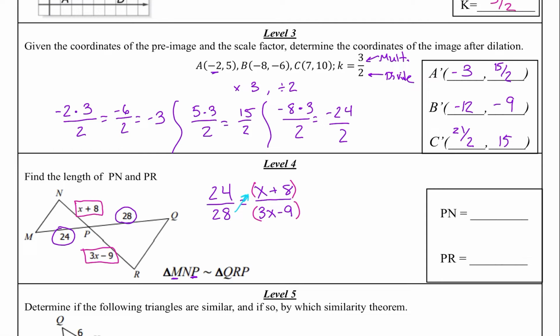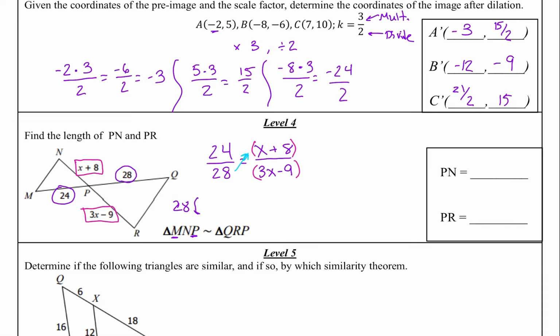So when I go and do my cross multiplication, 28 multiplied by x plus 8 inside the parentheses equals, and then over here, we've got 24 multiplied by 3x minus 9. So we are going to have to do some distributing.